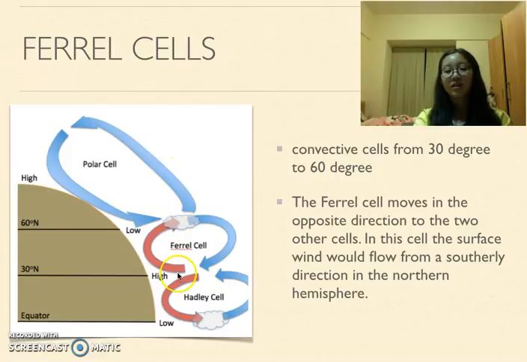However, the Ferrel cells move in the opposite direction, and in this cell, the surface wind will flow from a southerly direction in the northern hemisphere.